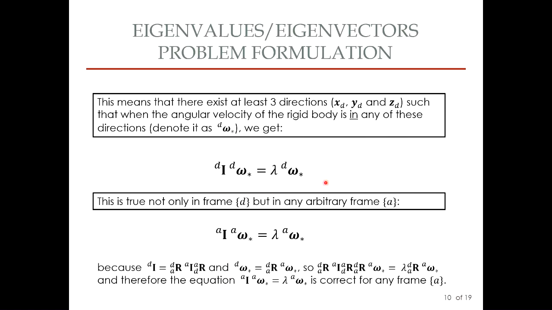So I just put it in a more general structure. And now I'm looking for this to happen, because if it will happen, then I found the right I matrix, and the right kind of directions.